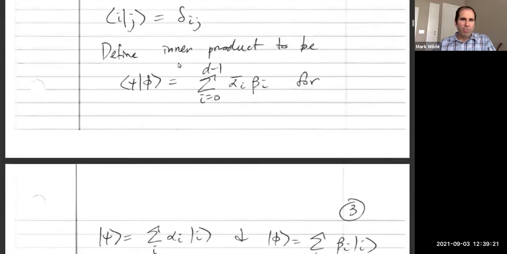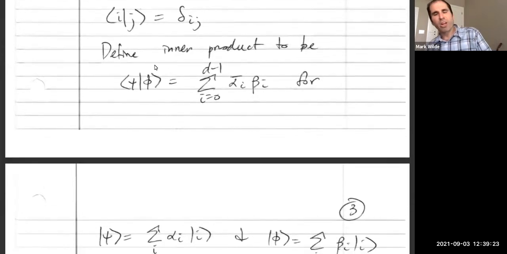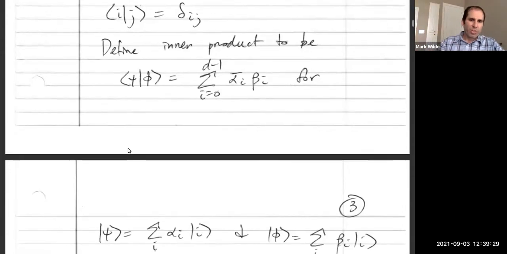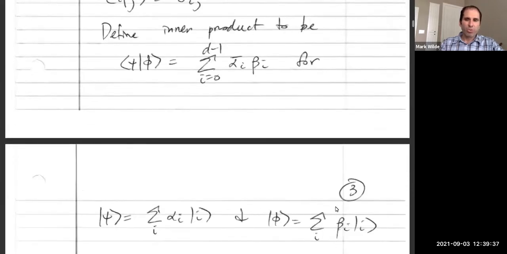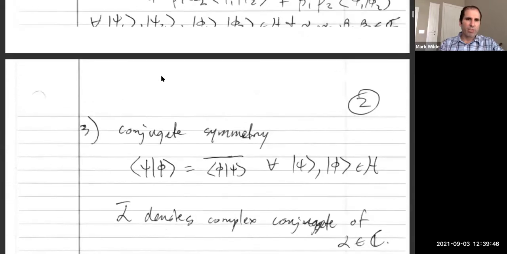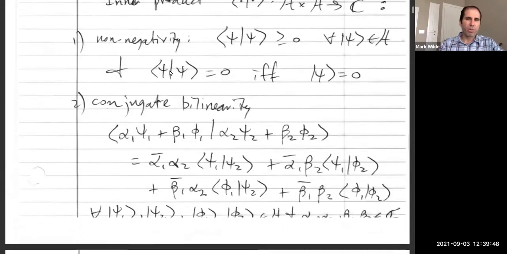And we can define the inner product for this case, and the case that we'll have throughout the course, to be this way. So for whatever's on the right, you don't take the complex conjugate. For the vectors on the left, you take the complex conjugate, and this is the inner product. And this inner product will satisfy all these axioms that we talked about previously.